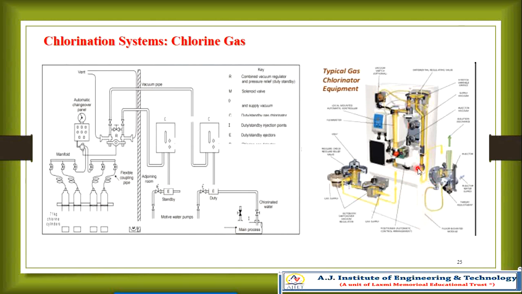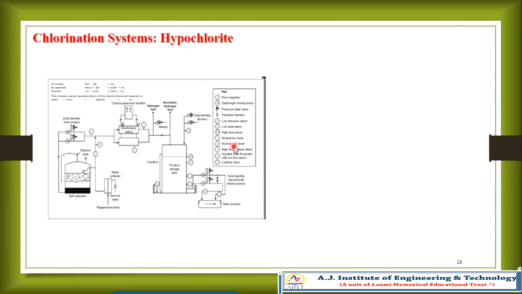This is the cross sectional view of the room, which is the supply. We can see here the supply. This is a typical gas under pressure. If you are using hypochlorite, then it will be different.